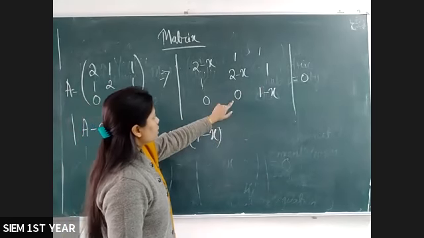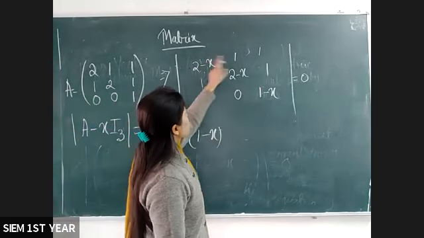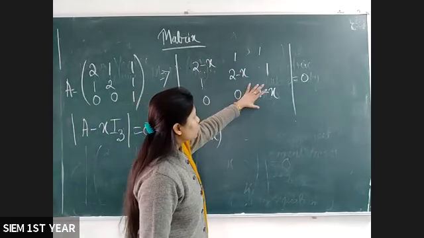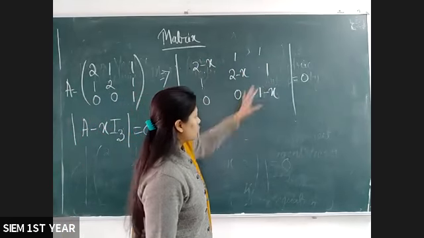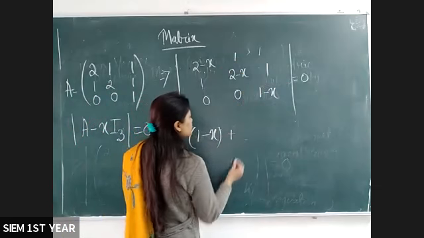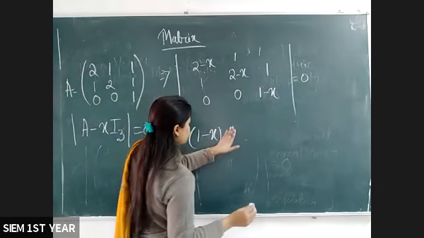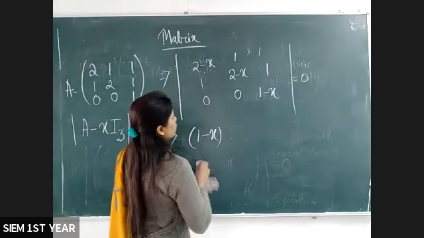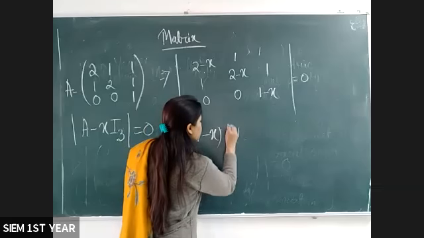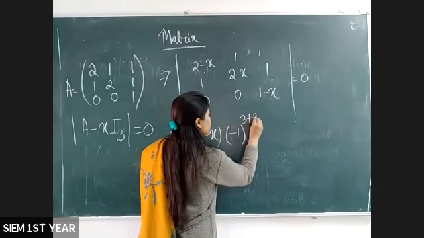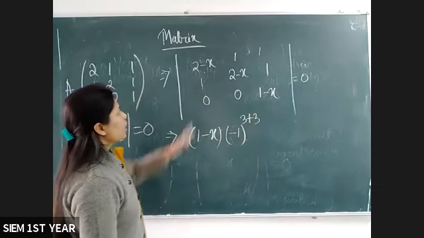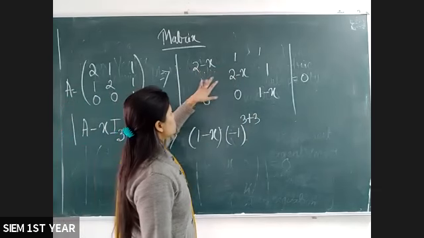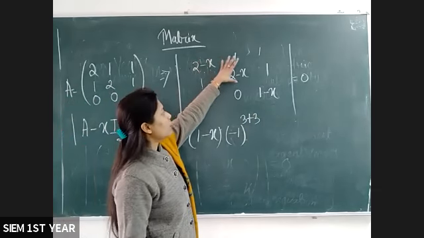Since this is a positive term, plus minus plus, you already know this is a positive term. So minus 1 to the power 3 plus 3, you can write this in this way. Then you have to just consider this minor.